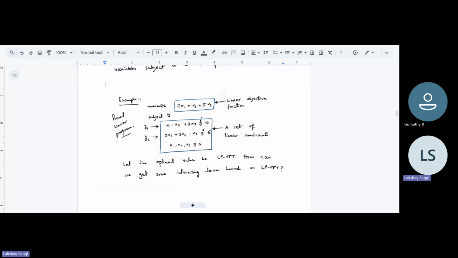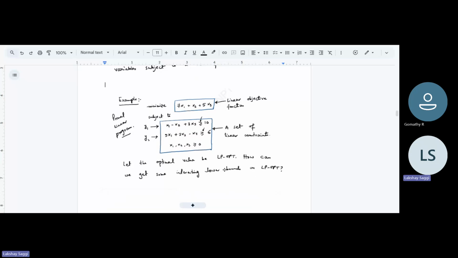It need not be finite. The optimal solution may be plus infinity or minus infinity, even if the program is feasible. So for now, let's suppose that this linear program is feasible and its optimal value is finite, and let's say the optimal value is LP opt.